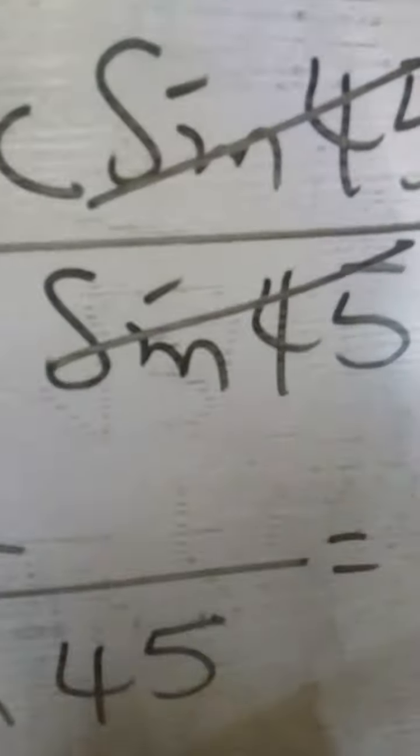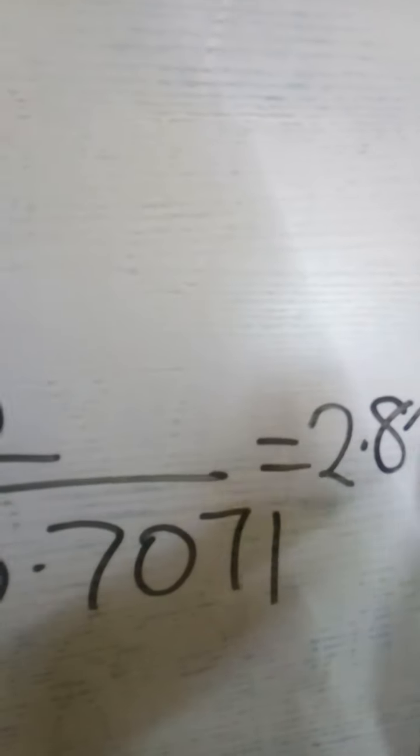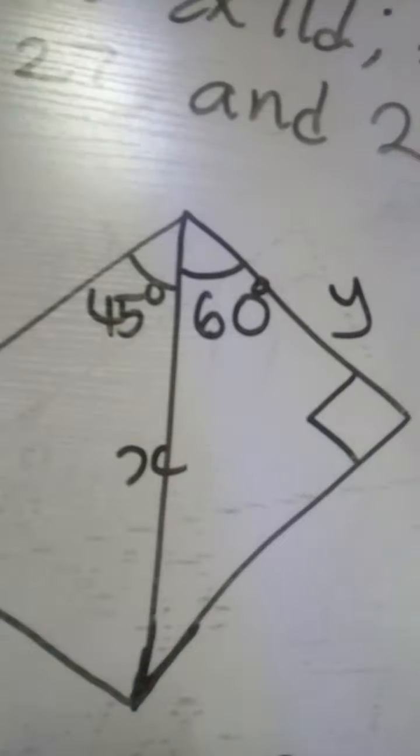That is 2 divided by 0.7071. And that means we're going to divide 2 by 0.7071, which is 2.8285. So my x is approximately equal to 3. So that means here x is standing for 3.